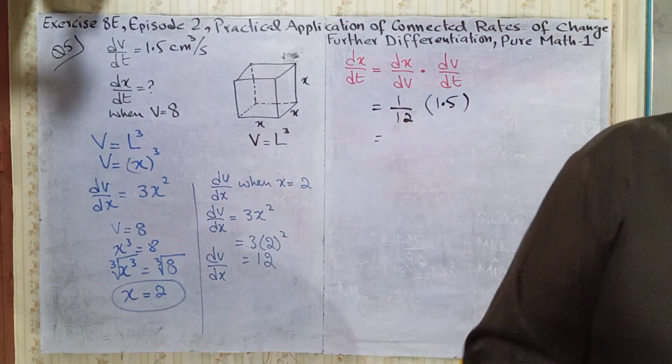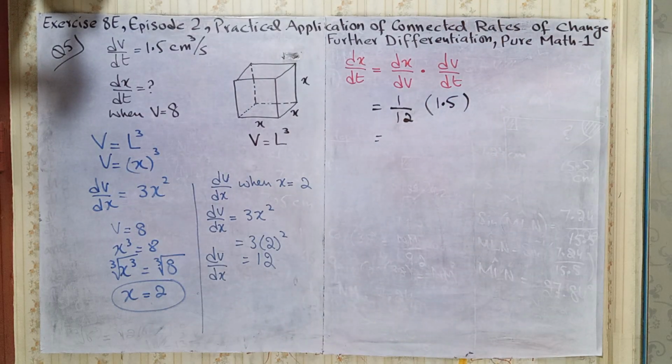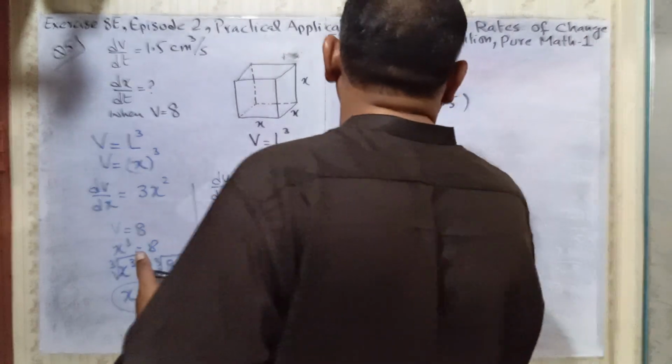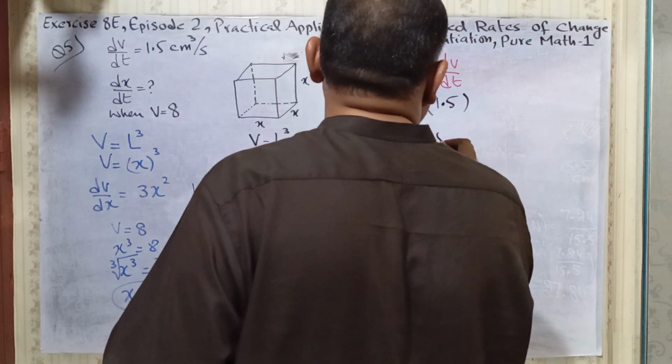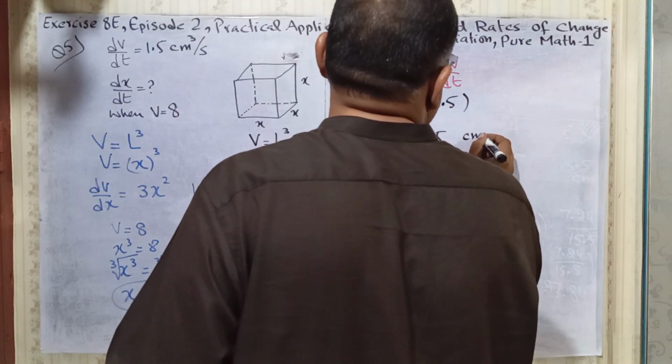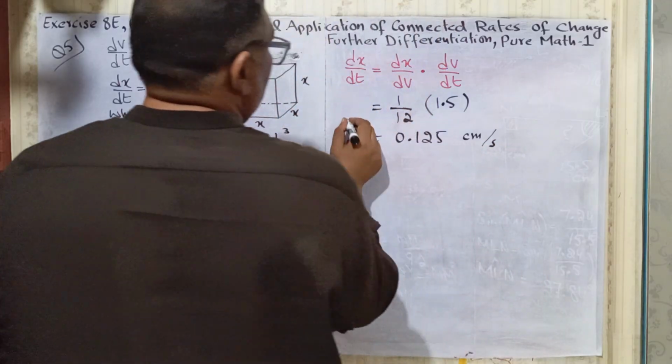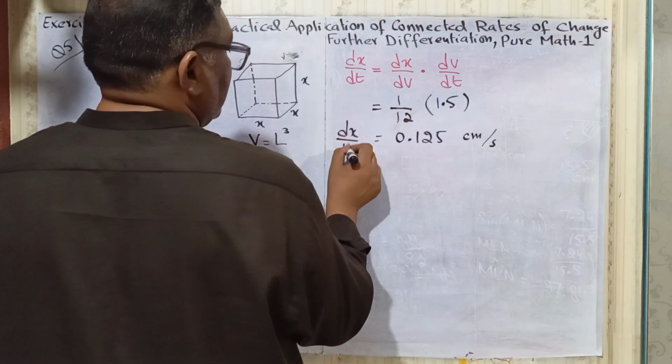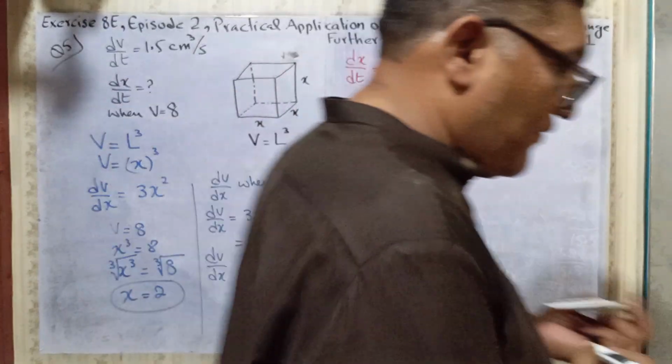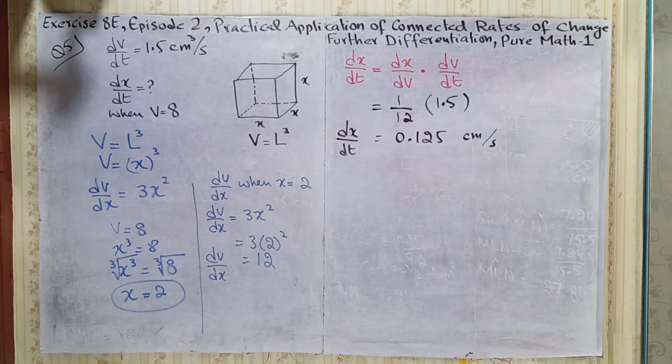So you can use your calculator and find the value. It will be 1.5 divided by 12 and it will be 0.125 centimeter per second. So my dx by dt will be equal to 0.125 centimeter per second.